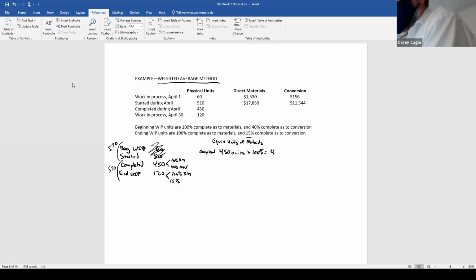That is equivalently 450 units, obviously, right? And then in ending work in process, I've got 120 units that happen to be already 100% complete on materials too.